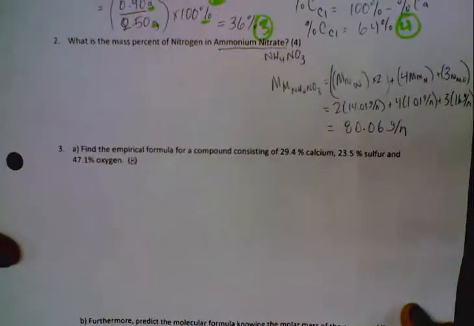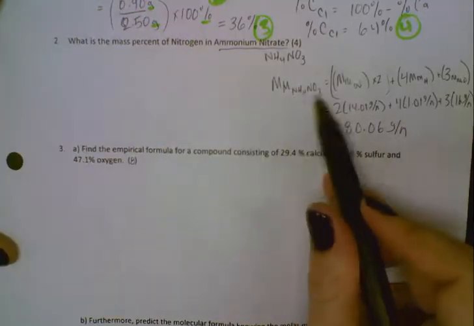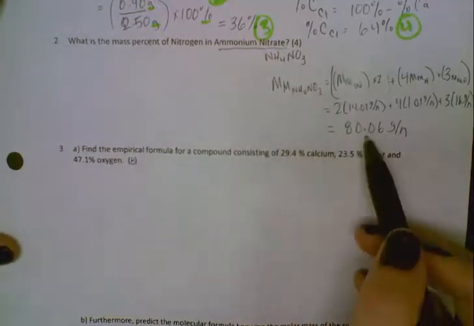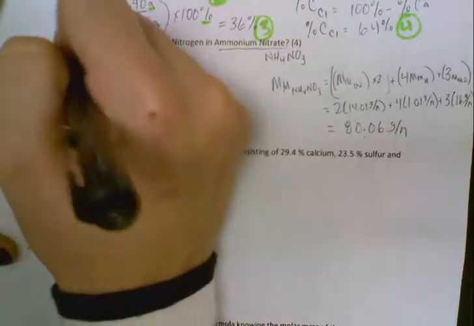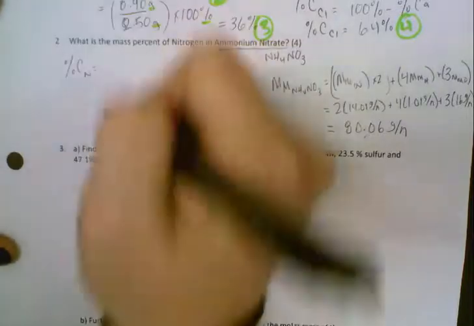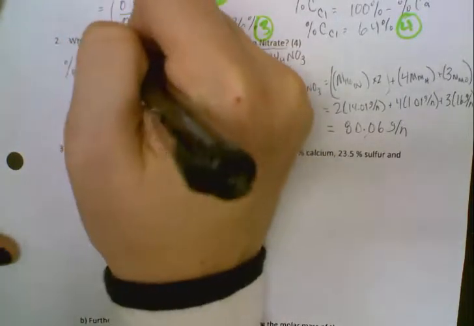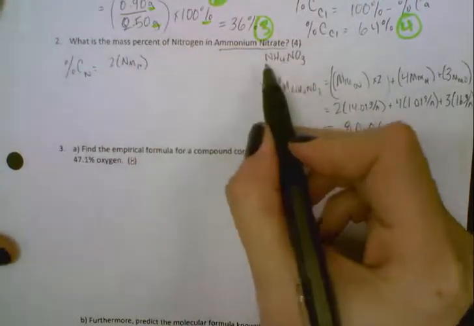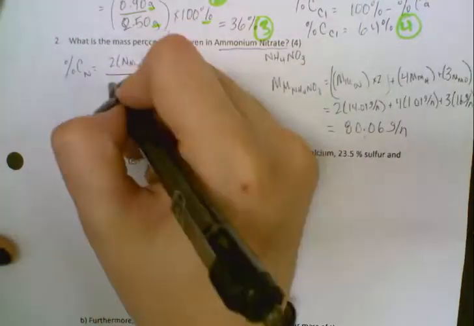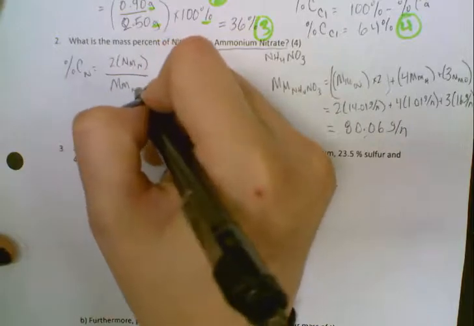So now that we know the molar mass of ammonium nitrate, we can figure out how much of that 80 grams is contributed from nitrogen. So here, we're going to calculate our percent comp of nitrogen, which is going to be 2 times the molar mass of nitrogen, because we have 2 nitrogen atoms, over the molar mass of ammonium nitrate.